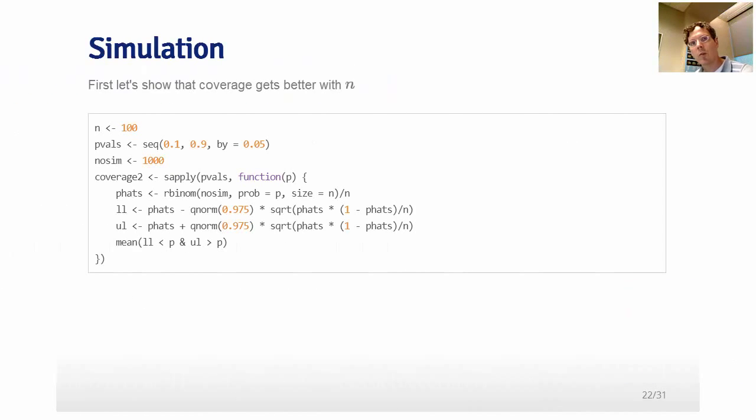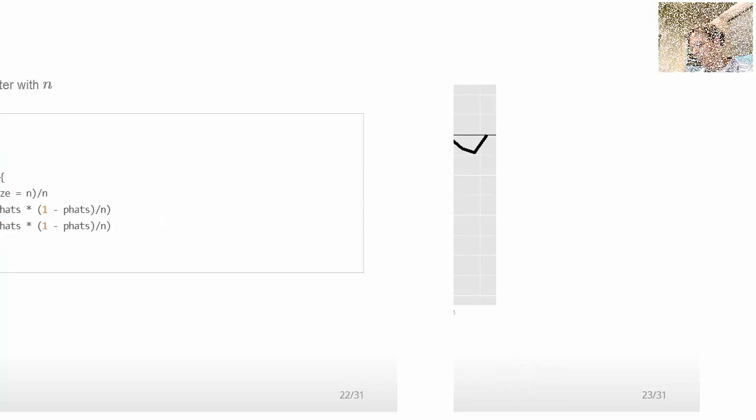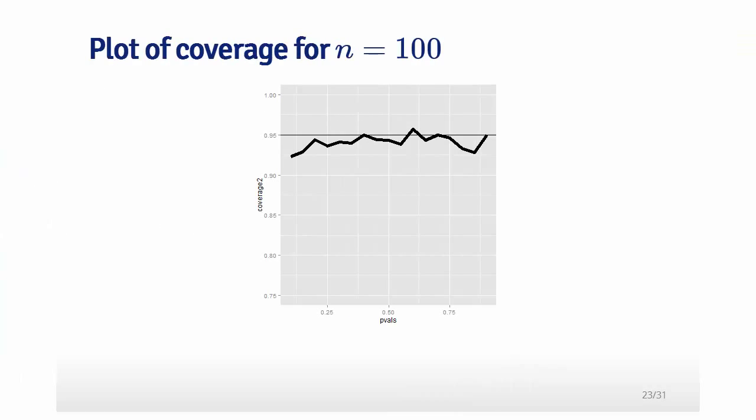Before I show the results for adding 2 successes and adding 2 failures, I want to simply show that the performance is better when n is larger. Here I've done exactly the same simulation, but turned n into 100 rather than 20. And here you see the coverage probability as a function of the different values of p. The only difference is that within each confidence interval that I simulated, I used a greater number of coin flips.